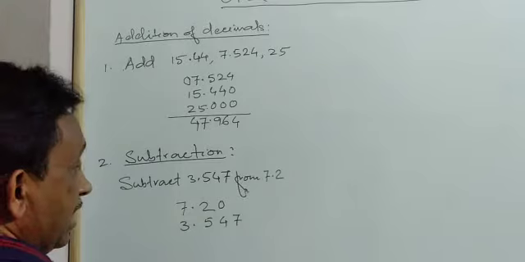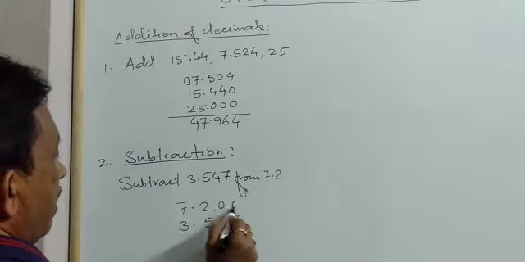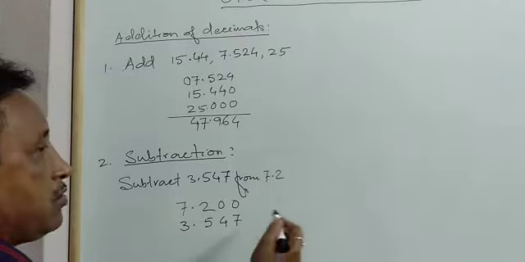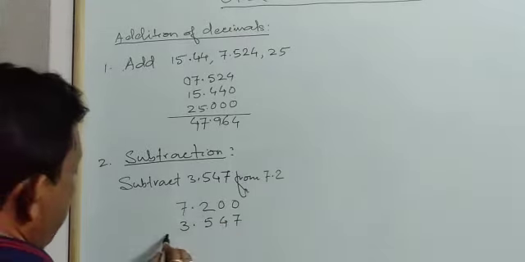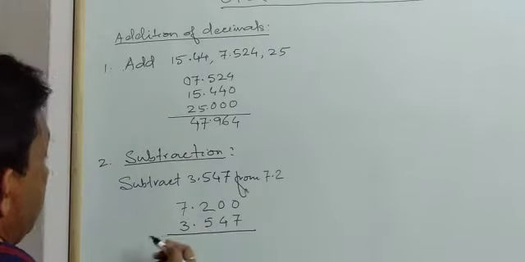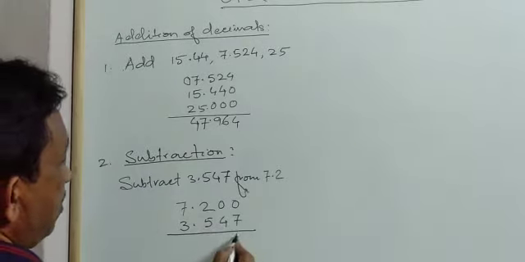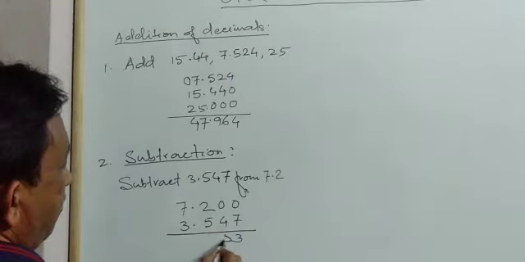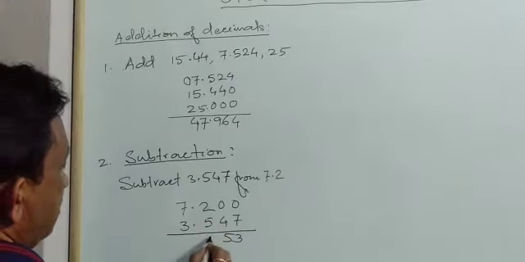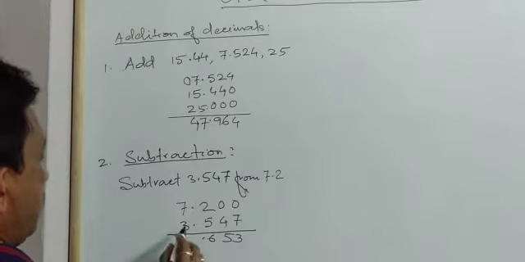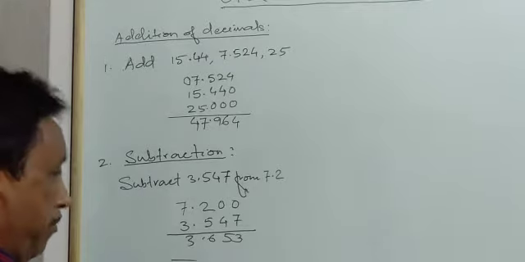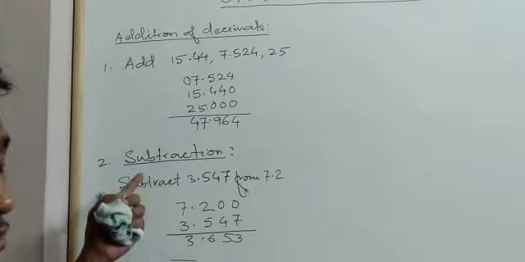Decimals on the right hand side have no value, so 7.2 and 7.200 or 7.20000 is all the same. So now do the subtraction, simple subtraction. 10 minus 7, 3. Now 1 carried, so this becomes 5, then 6, and then this becomes 3. 3.653. So if you want, you can just write it down.